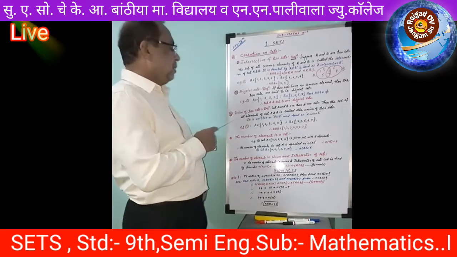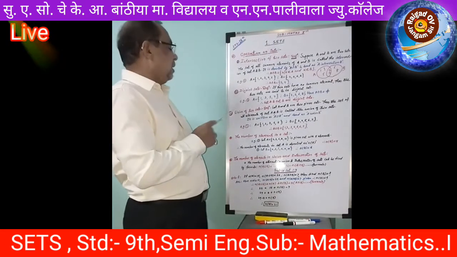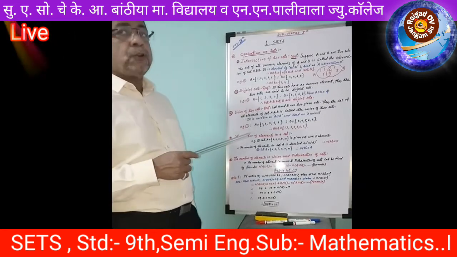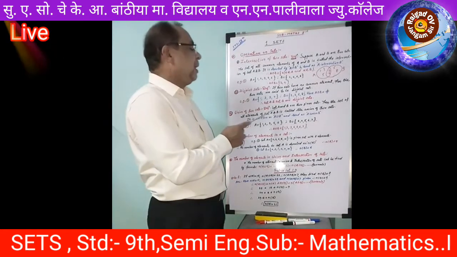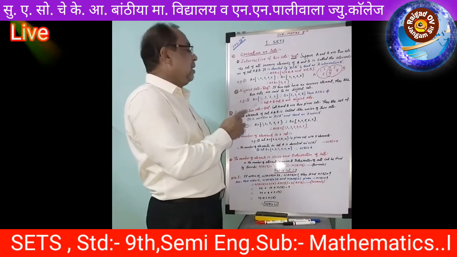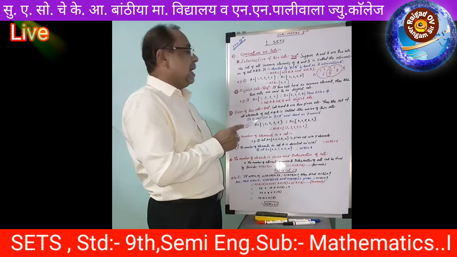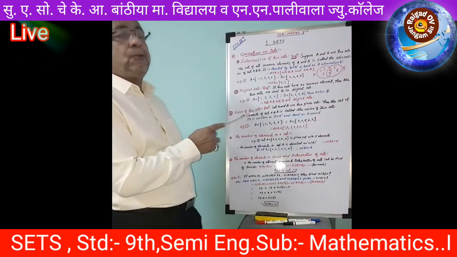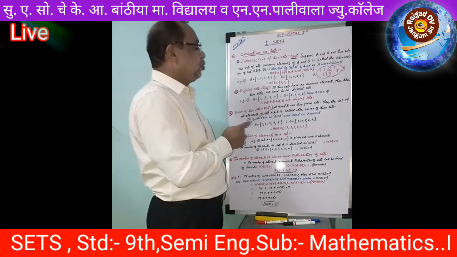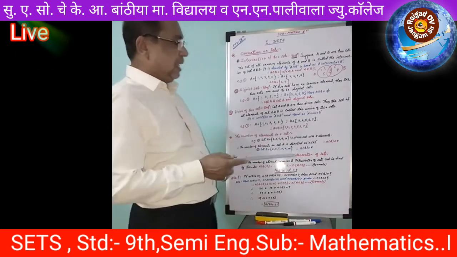Now the third operation on sets is the union of two sets. So what is meant by union of two sets? Let A and B be two given sets, similar to before. You should understand what is given and how to write the intersection and union of the sets.